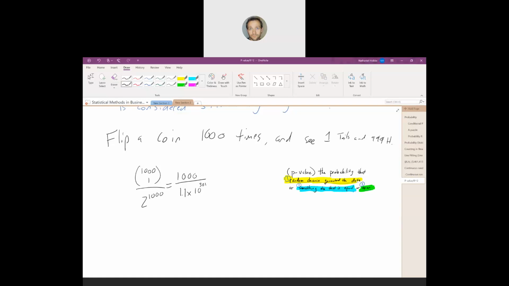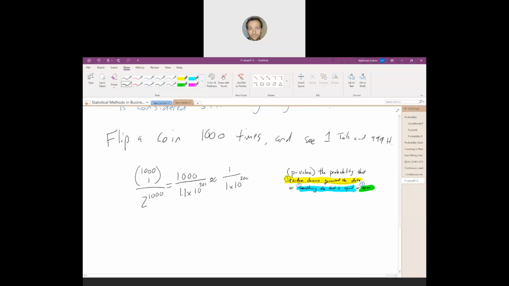That would be the probability. So this is roughly 1 over 1 times 10 to the 298. Let's make it easy. We'll say 300.